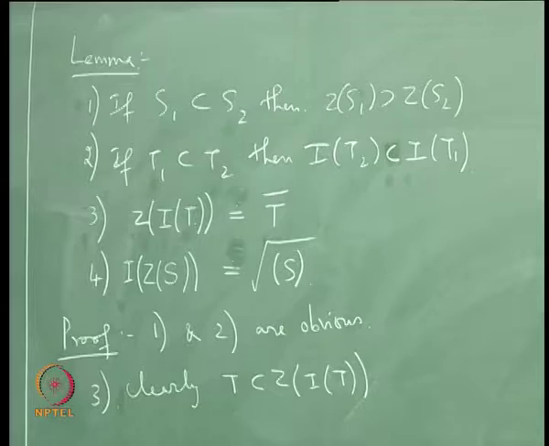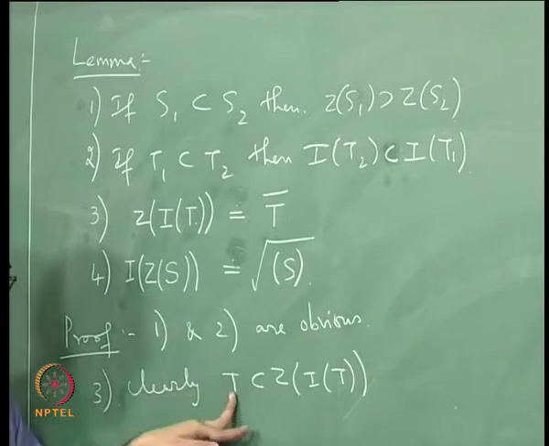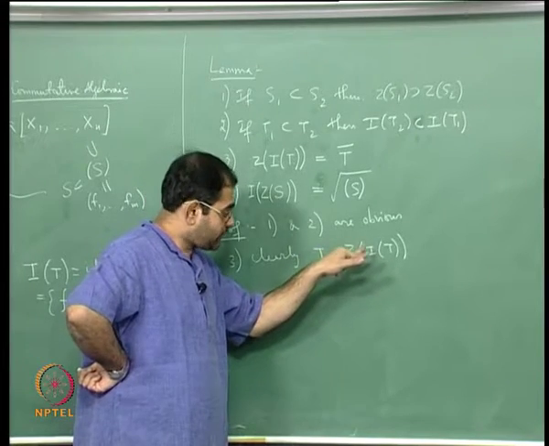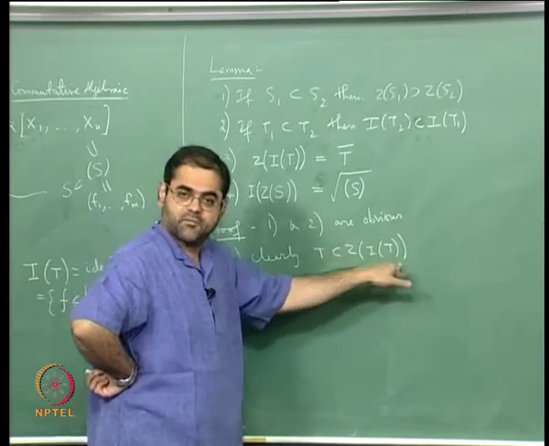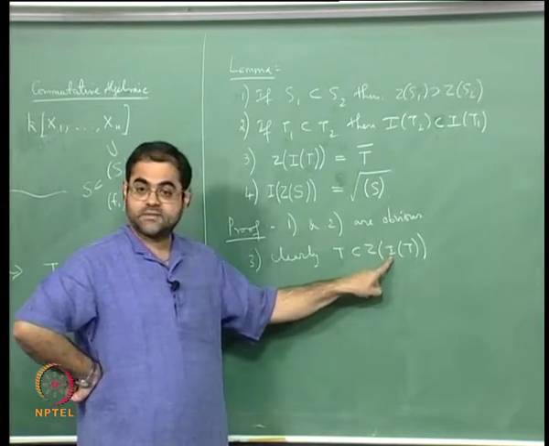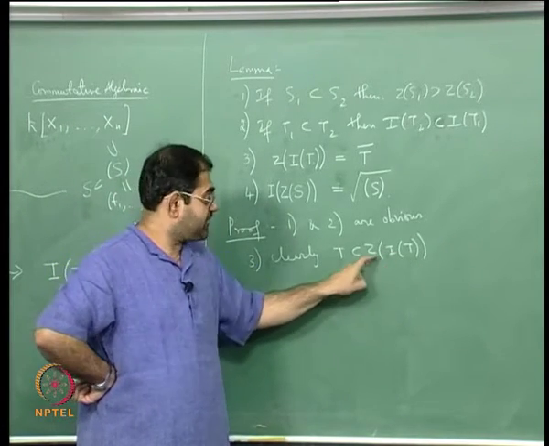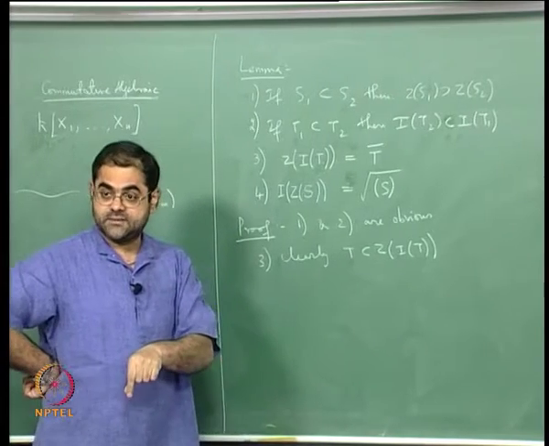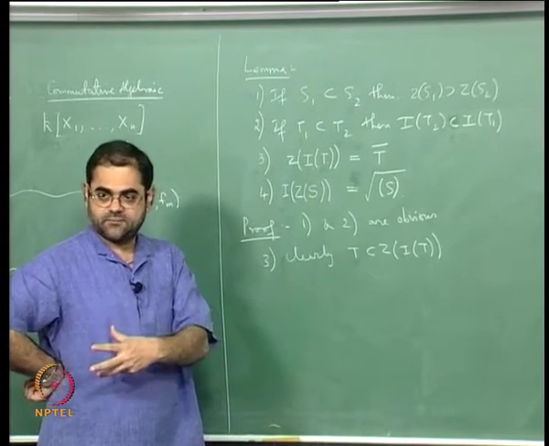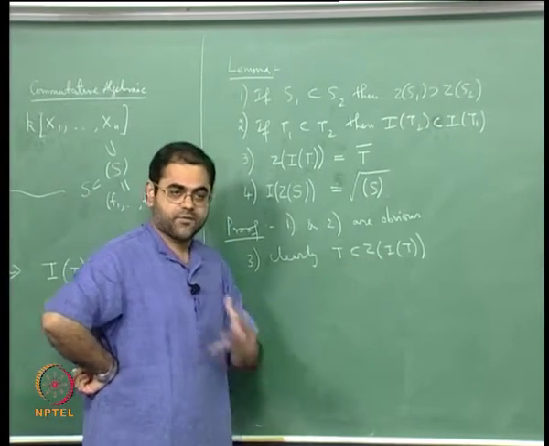right, that is very clear, because every point of T is a common 0 of all those functions which vanish at every point of T, that is what it says. I of T is all those functions which vanish at every point of capital T, and Z of I of T is all those points at which all these functions vanish, okay, and therefore T contained in Z of I of T is obvious.